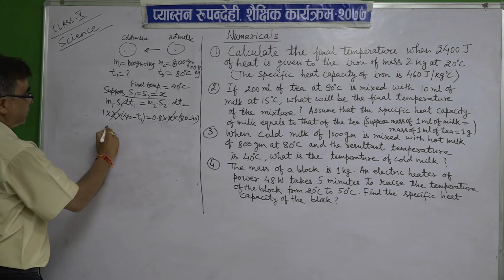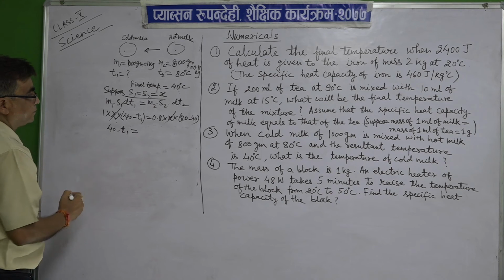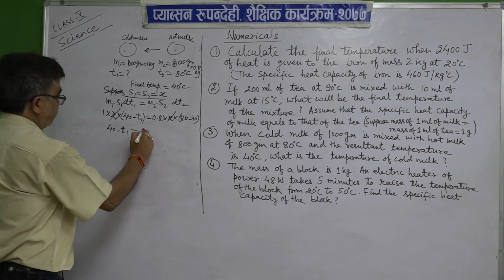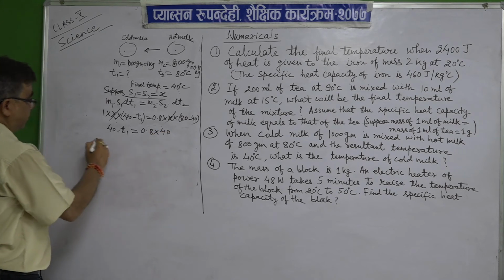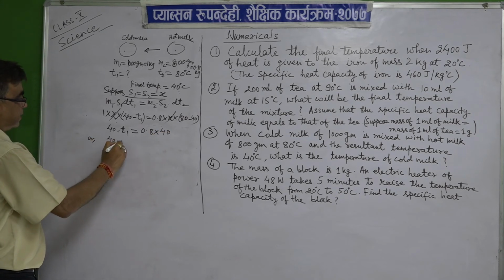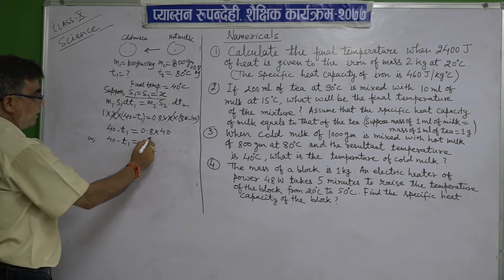So 40 minus T1 will equal 0.8 into 80 minus 40, which is 40.